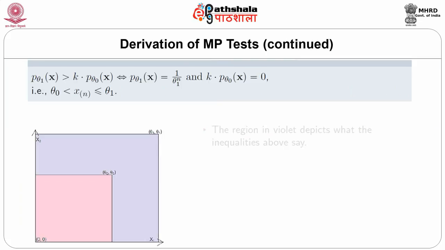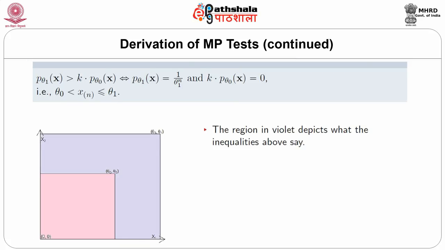So, consider this region where p theta 1 is strictly greater than k p theta naught, which is equivalent to p theta 1 is 1 by theta 1 to the power n and k p theta naught is 0, which is equivalent to X order n lies between theta naught and theta 1.